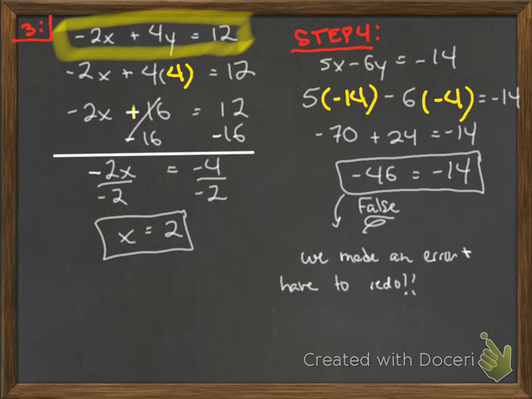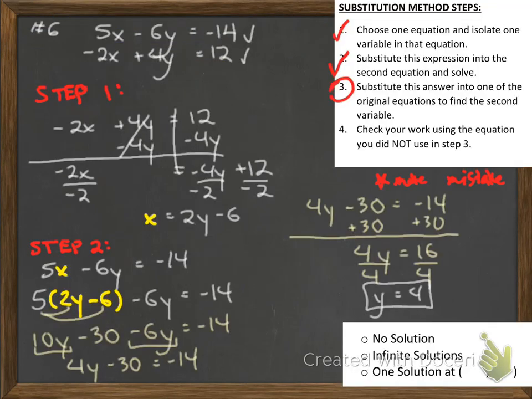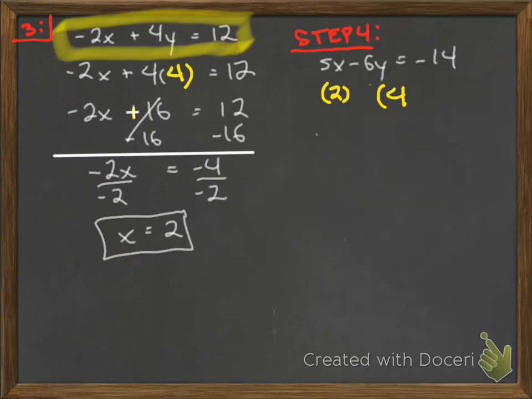So then what do we do? Well, then I need to go ahead and recheck this with my new answers. So let's erase this and try to check these new answers. My new answers, again, are x is 2 and y is 4. So let's see if this works. 5 times 2 minus 6 times 4 maybe equals negative 14.